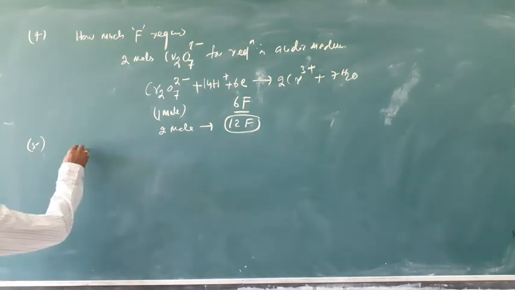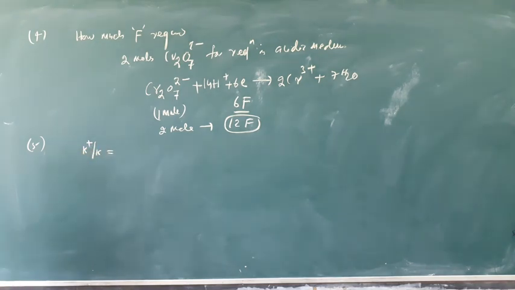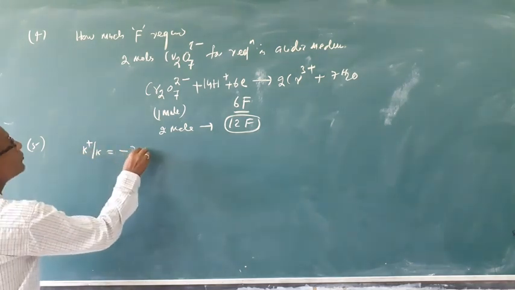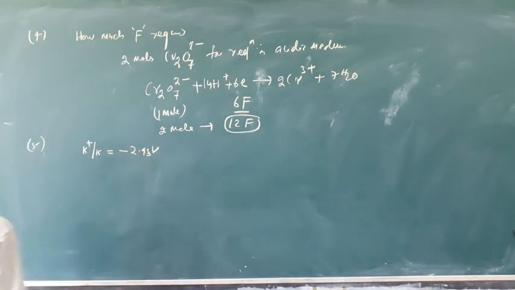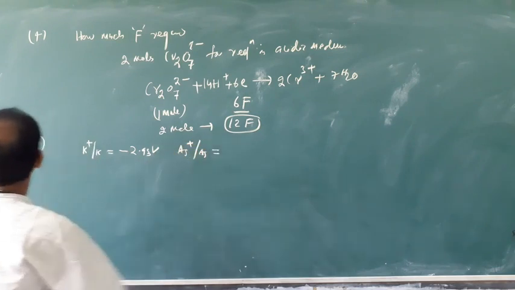Suppose the K plus reduction potential is minus 2.93 volt, and the silver reduction potential, how much?